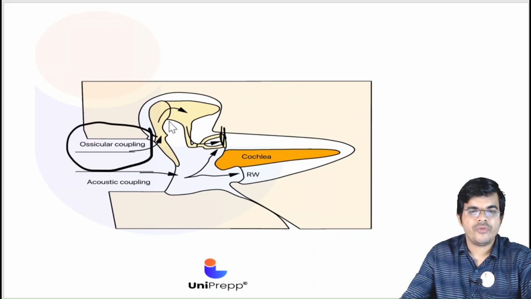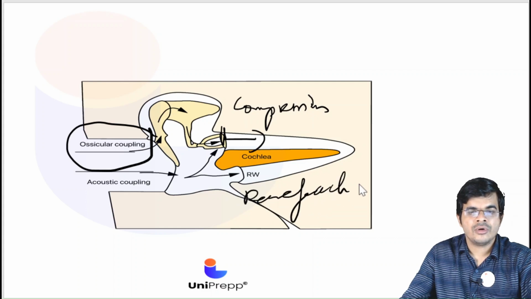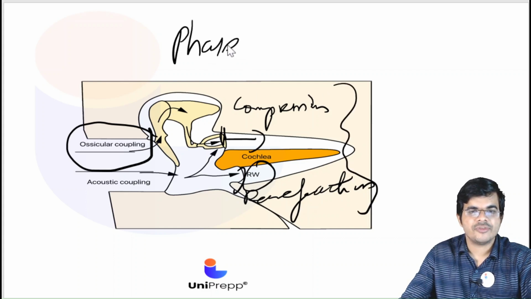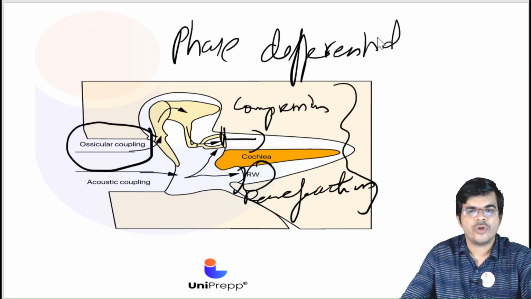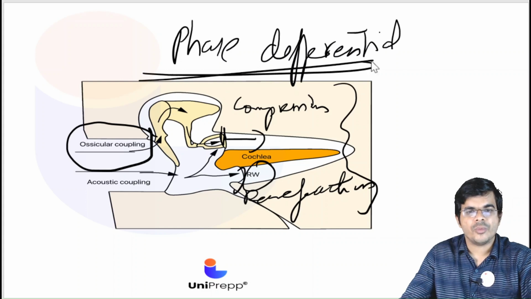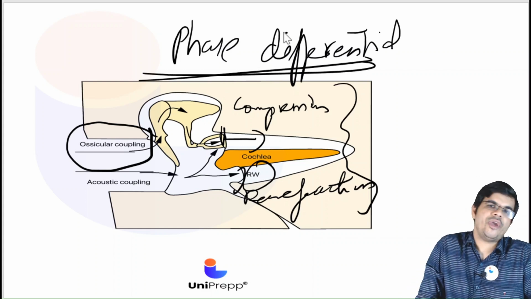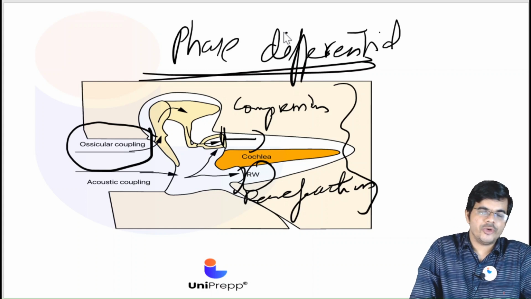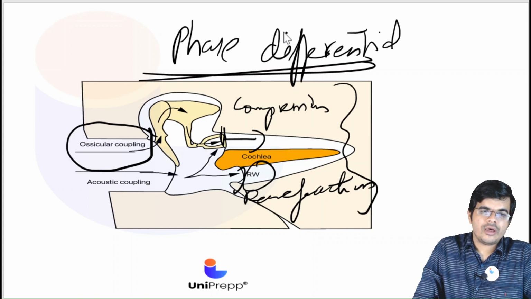When the sound wave reaches the oval window, when it is in compression over here, it will be in rarefaction at the area of the round window. They are always maintaining a phase differential. This difference in phase between the oval window and round window helps to establish the sound wave through the cochlea.